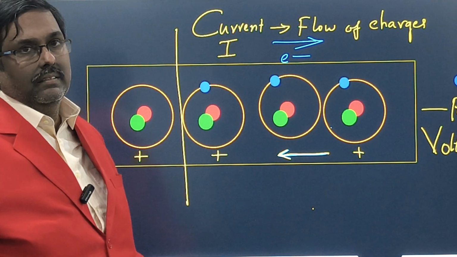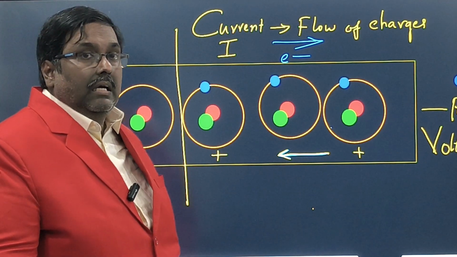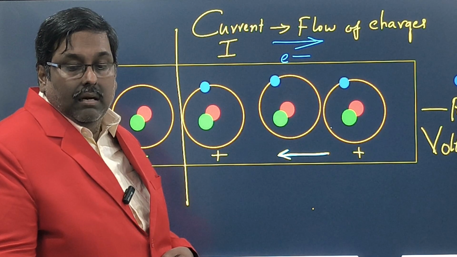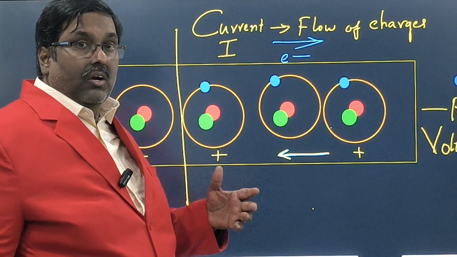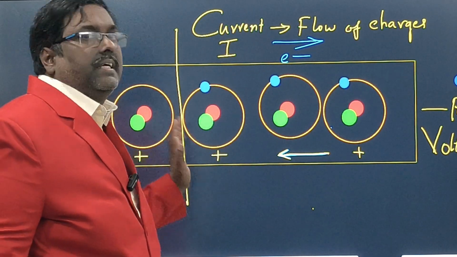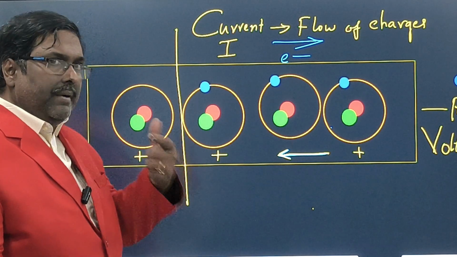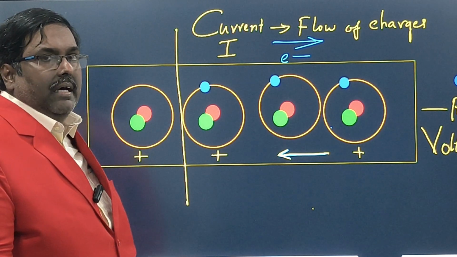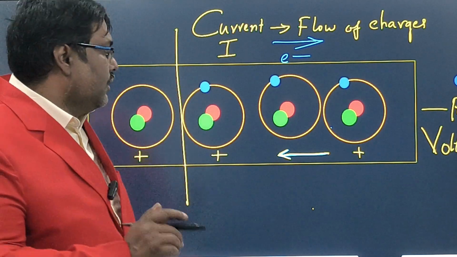But it is millions of charges, so we cannot state that number. It is a number around 6 point... Millions of charges are passing in one second, so we cannot name it as a number. So we call this bunch of electrons one unit, called the coulomb.